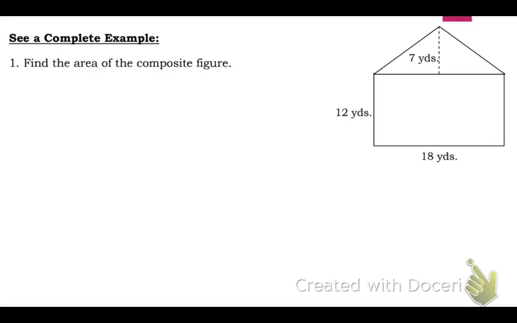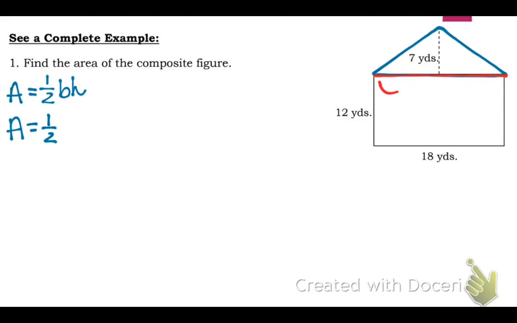What two shapes is this broken up into? Triangle and a rectangle. So we're going to find the area of a triangle first. What is the area formula for a triangle? 1/2 base times the height. What is the base of this triangle? 18. It is also going to be 18, because the bottom is a rectangle, that means they're going to be the same.